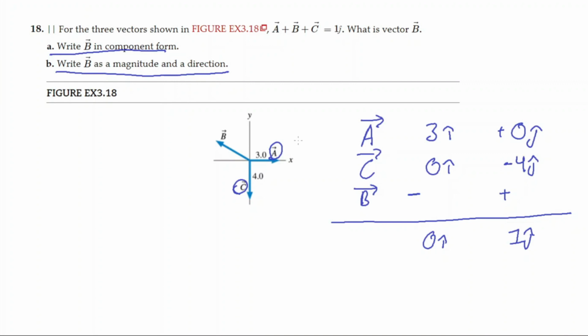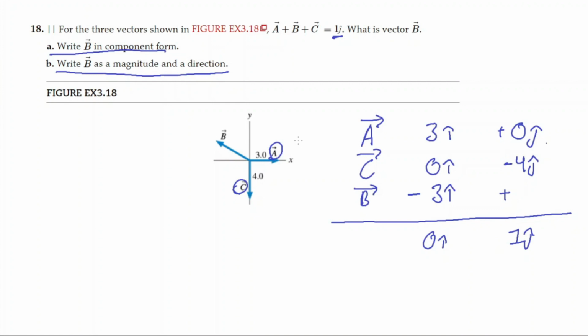So vector a plus vector c, the x components, if you add them together, equals 3. If you make vector b have an x component of negative 3, it would cancel out the original x components. So negative 3i would work because then you would get 0 as an x component, which is basically what we want. And now for the y component, we want that to equal 1.